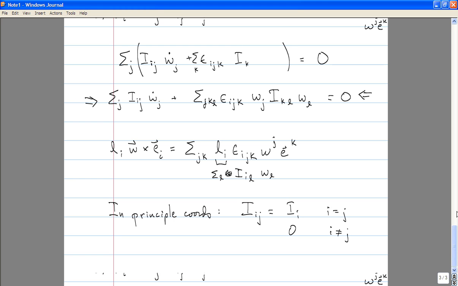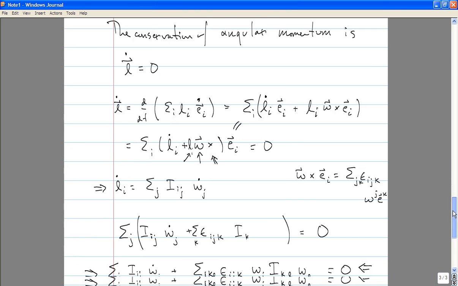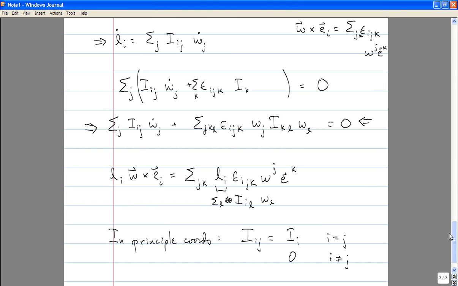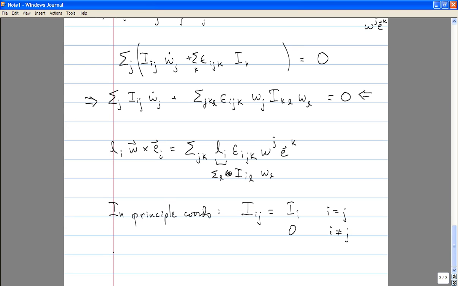So if we wanted to, we could use principal coordinates, in which case the component of the angular momentum vector is just I times omega I. There's no sum on I here.